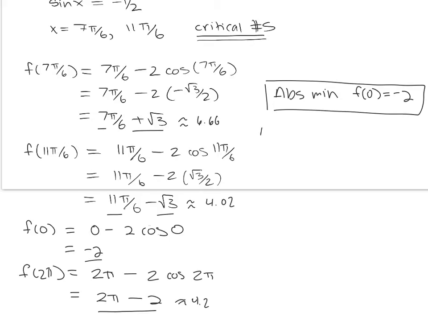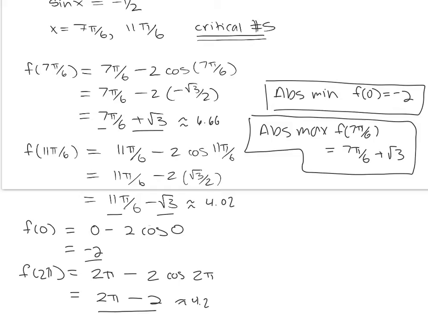So your absolute max is f of 7 pi 6 equals stuff. Is that okay? All right.